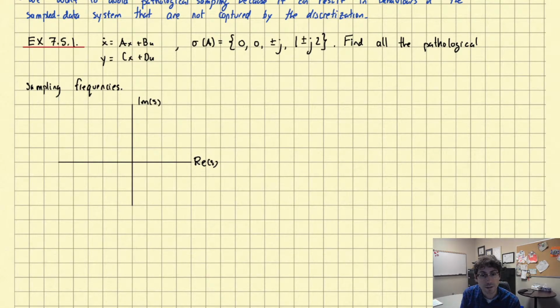Okay, so the eigenvalues of A, let's draw them. We have 2 at 0. And then a couple at plus and minus j. And then we also have one at 1 plus j times 2, and 1 minus j times 2.